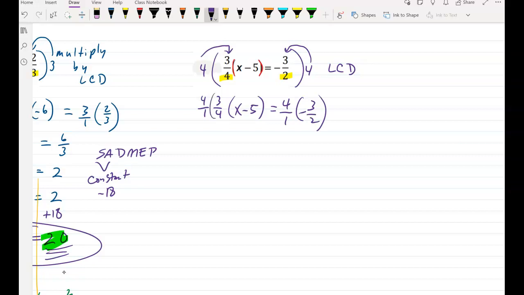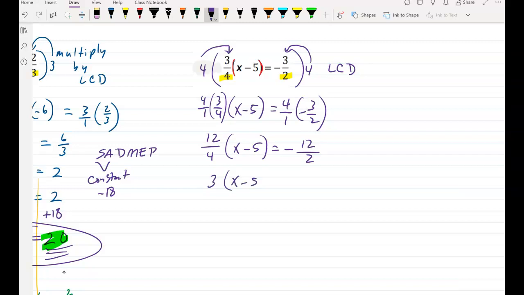Okay, so, oops, there we go. Now, 4 times 3 is 12, 1 times 4 is 4, times x minus 5 equals, now this is a positive times a negative, so that's negative. 4 times 3 is 12, 1 times 2 is 2. Okay, we're almost there. 12 over 4, that's 3.